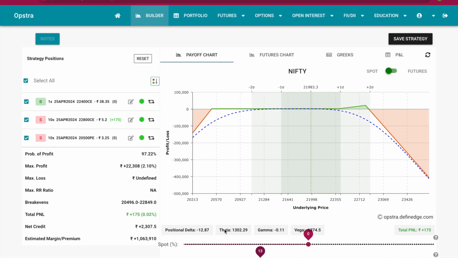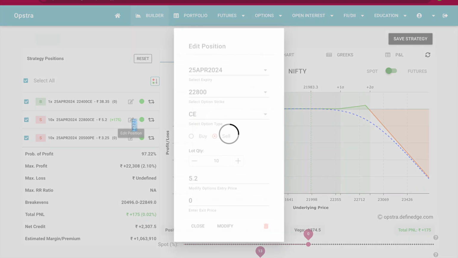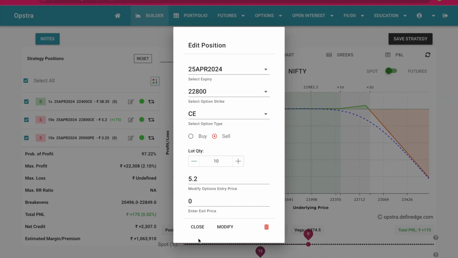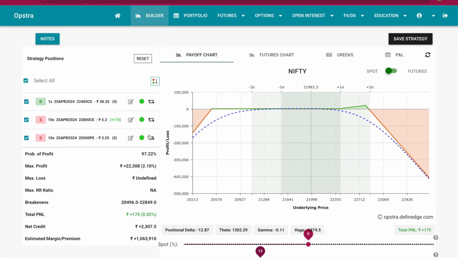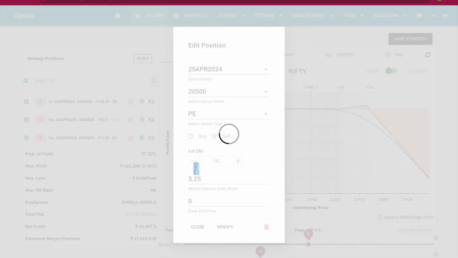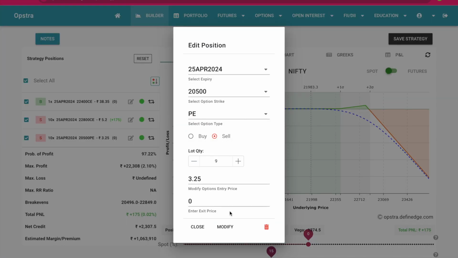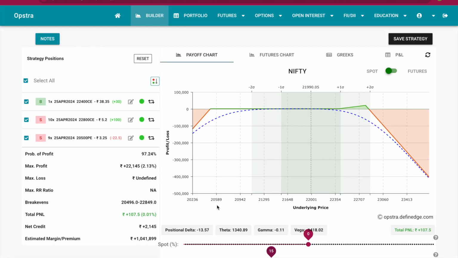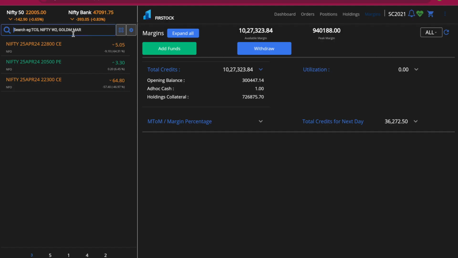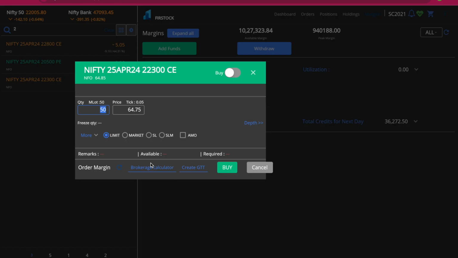Modify. The margin will increase further. Ultimately, we'll have to bring this PE down. It won't add much value. So let's go for 22,300 only, and I'm just going ahead and buying this. Okay, this is one lot.